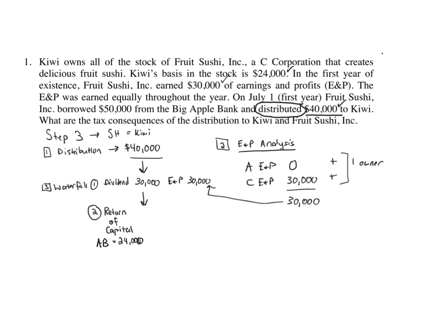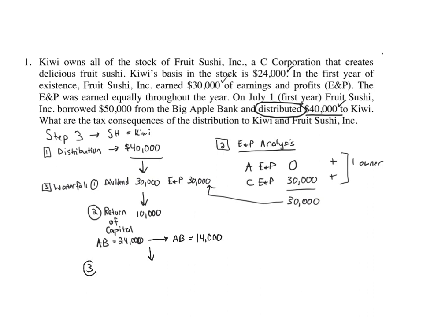And we say 40,000 minus 30,000 is 10,000. Is 10,000 enough to be covered by the basis? Yes. So the next $10,000 is return of capital. And this reduces our basis afterwards from 24 minus 10 to $14,000.